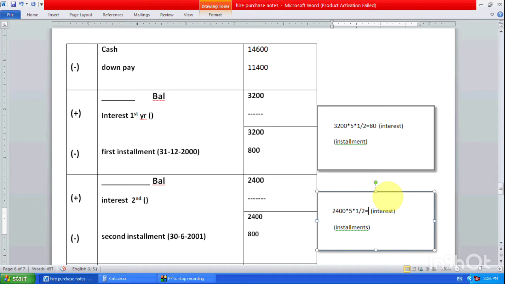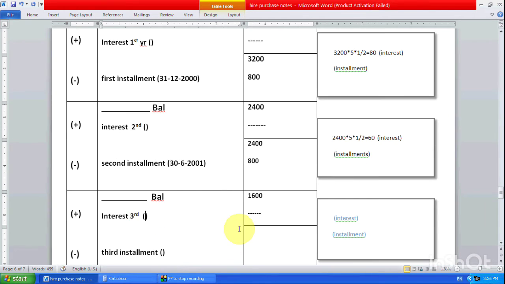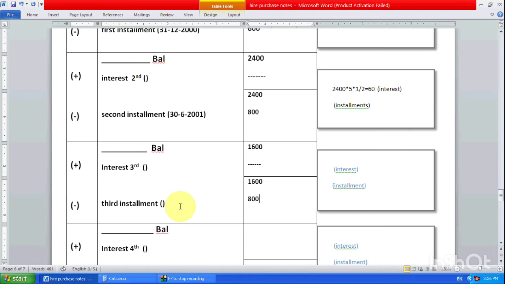We get 60 as the second interest. Deduct 2,400 minus 800, so the balance is 1,600. There is no separate interest because the interest is already included in the installment. The balance remaining is 1,600. Now pay the third installment of 800.